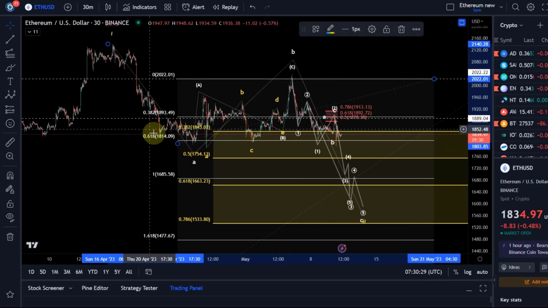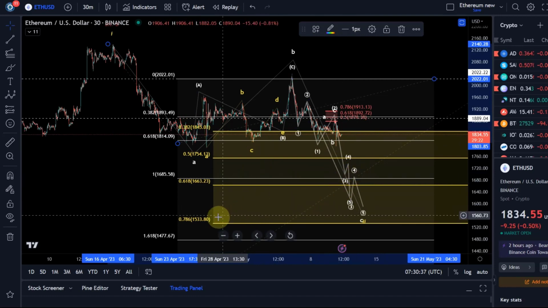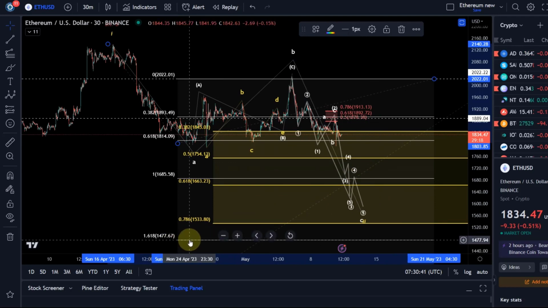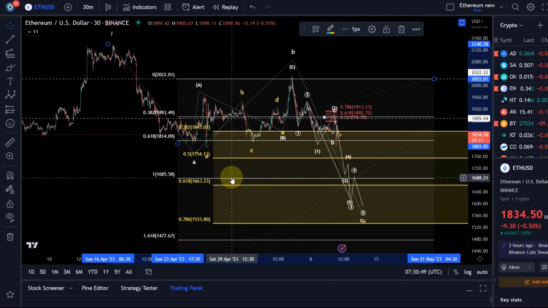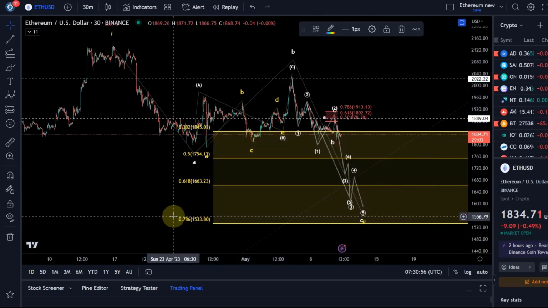It depends a bit whether I count the A wave as finished here or here, but it doesn't make a great difference. We roughly talk about 1685 and 1477 as targets. 1477 would be just below our support area. Don't necessarily expect it to go there, but I think 1685 roughly is something to watch out for. Maybe a little lower. We'll see, and we can be a bit more accurate as we go along.